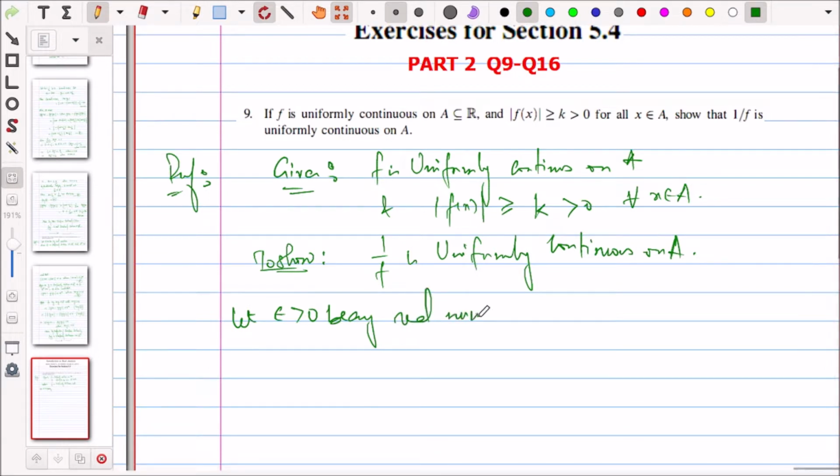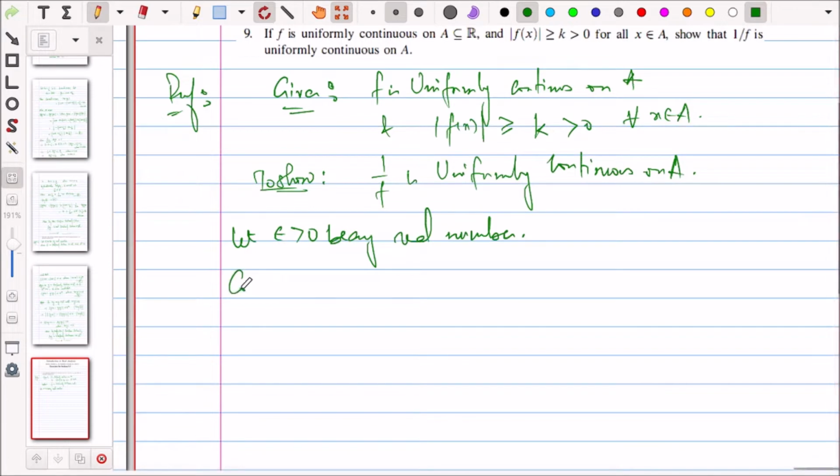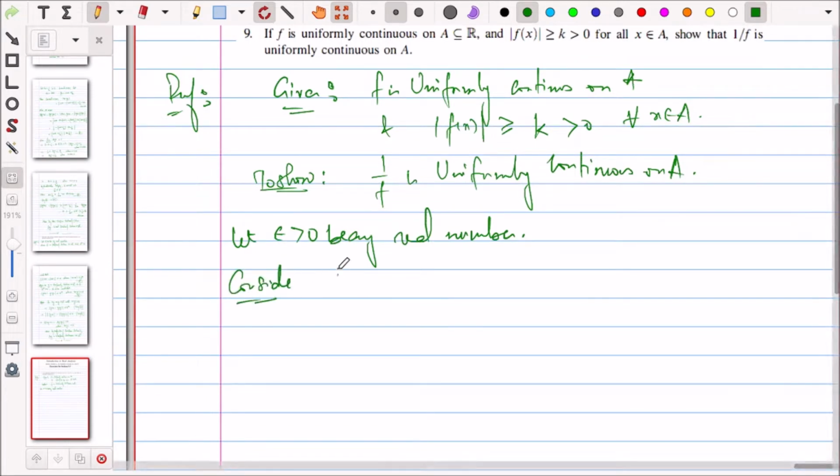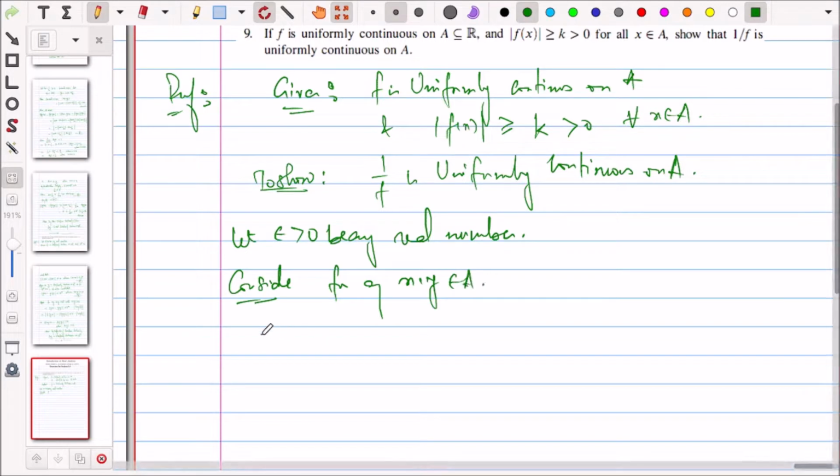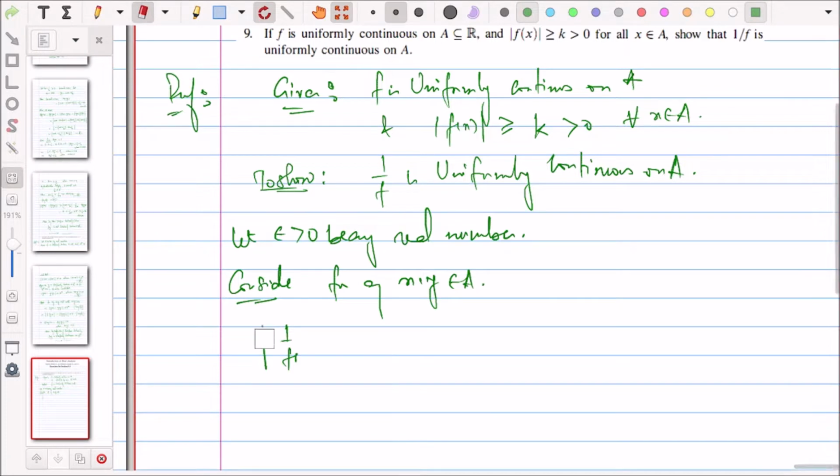We start with any epsilon greater than 0, then consider any x, y belonging to A, because we have to find some delta. So we start with 1 by f(x) minus 1 by f(y).